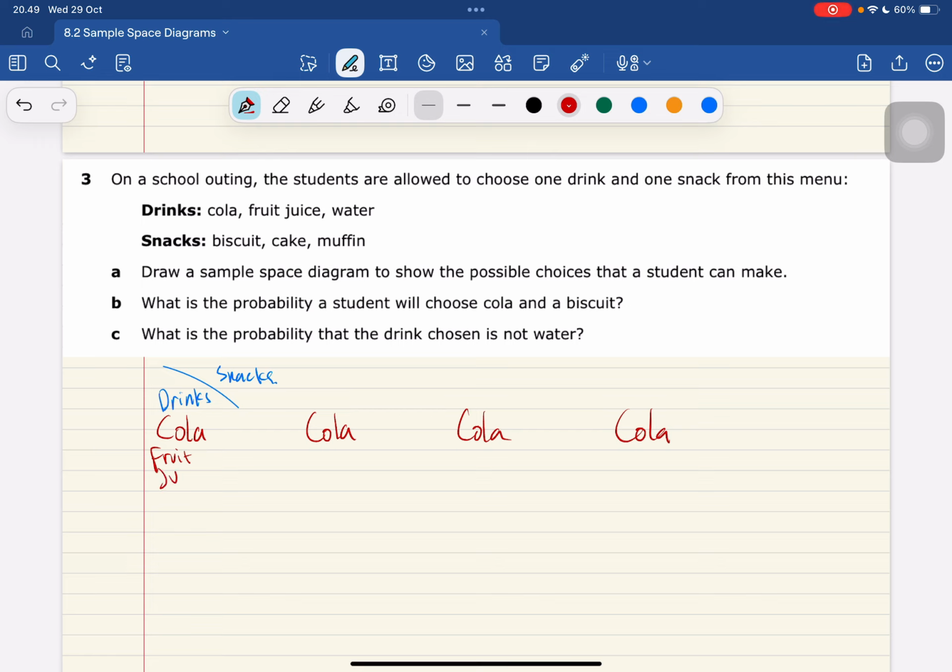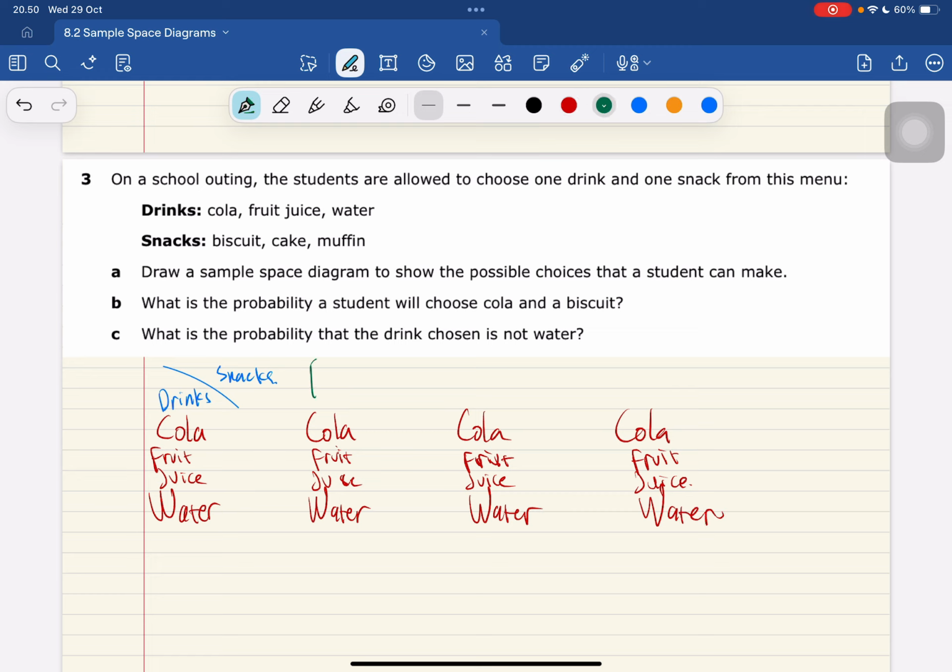Fruit juice here, also fruit juice here, and fruit juice here. And last is water, also water and water. Next, let us list the snacks.